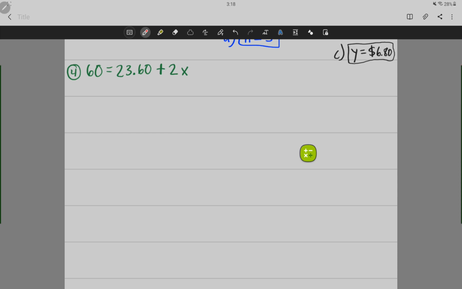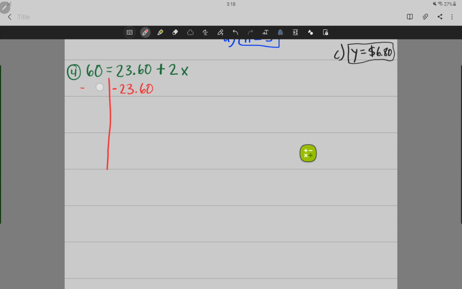Now, time to solve. Equal sign, draw the line. All right, we want to get x by itself, but it has the constant next to it, that other term, $23.60. So since that's positive, we get rid of it by doing its inverse or opposite. We subtract.